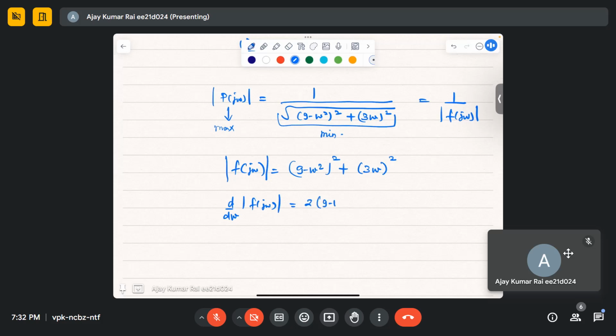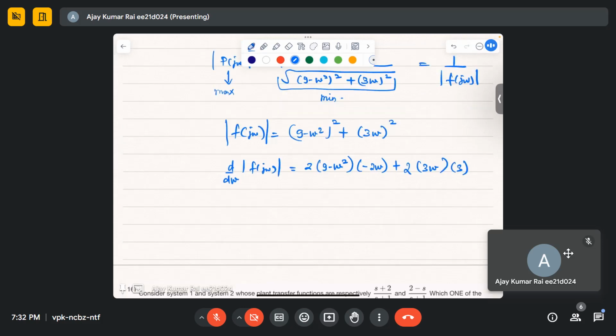What you'll get, 9 minus omega square, times minus 2 omega, plus 2 into 3 omega into 3, and it should be made equal to 0.